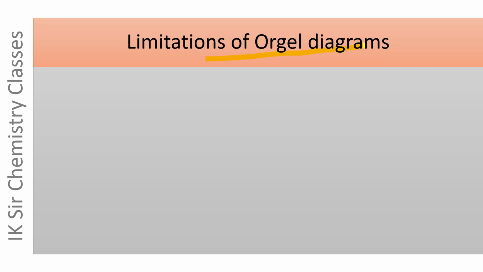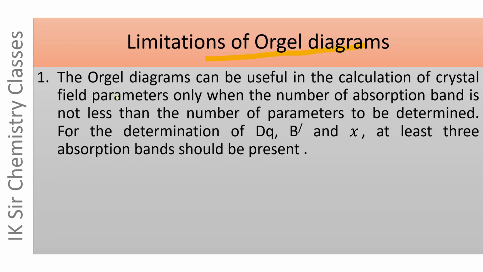Limitations of Orgel diagrams. The Orgel diagrams can be useful in the calculation of crystal field parameters only when the number of absorption bands is not less than the number of parameters to be determined. For the determination of dq, B' and x, there are three terms, so at least three absorption bands should be present.